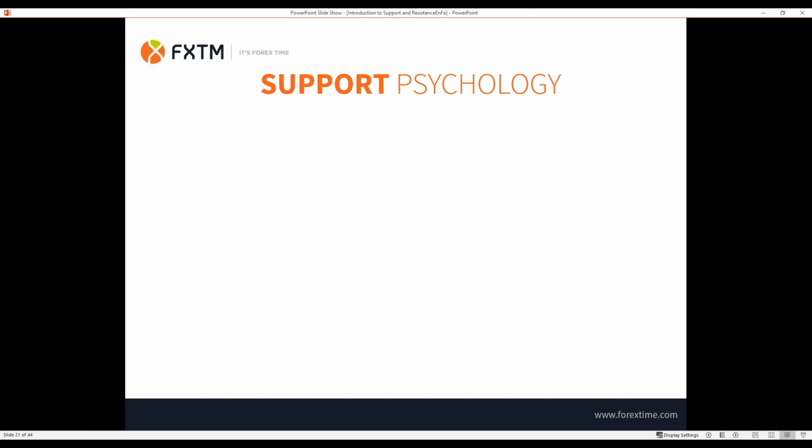And I like this slide, guys, because it explains the psychology behind support and resistance. Let's go and see how traders behave in this case. Look at that. Prices go up. How do we know that prices go up? Because we see the bullish candlesticks, right?